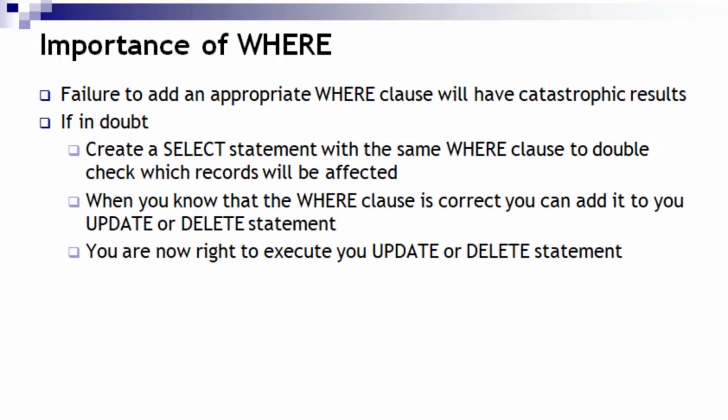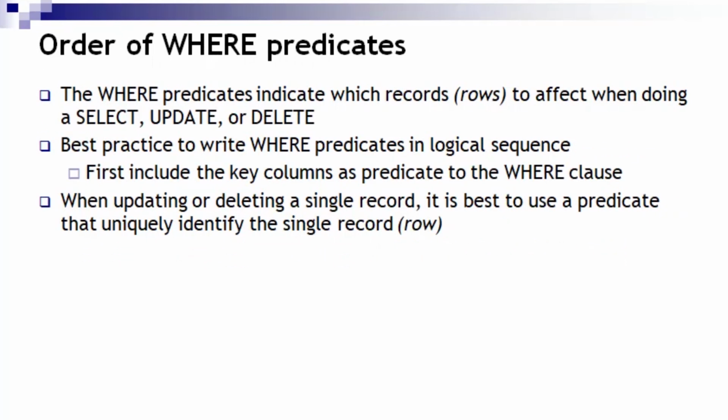Okay. Then there's also mention of the importance of a where clause and why we use this. Failure to add the appropriate where clause is really going to be catastrophic, as changes to the data are going to be made and it's going to give you problems.